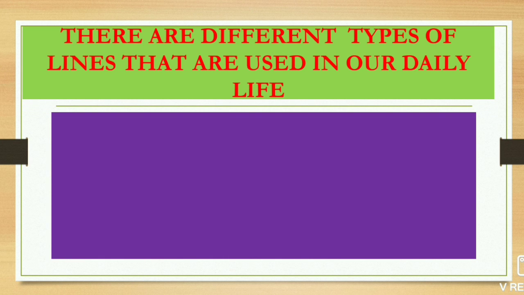Okay. Now, there are different types of lines that are used in our daily life. We already learned some definitions and some basic concepts in lower classes. Just to recall them, the various types of lines are: line.